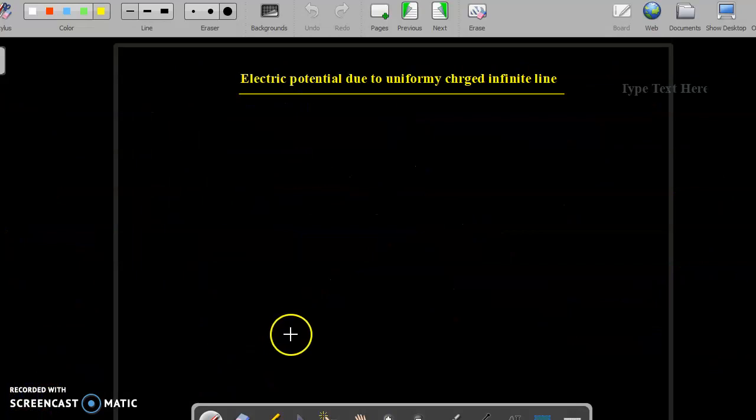Let us assume that a point charge Q is moved from one point R1 to another point R2 in the electric field. This work is done against the electric field, so the work is always minus QE times the distance.